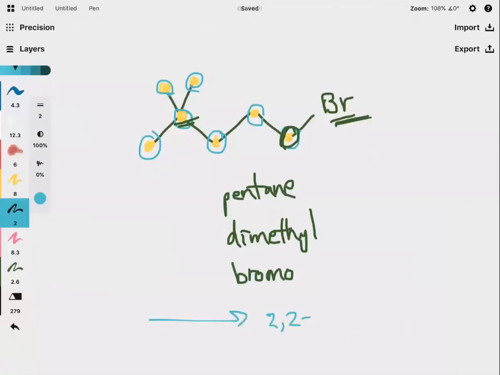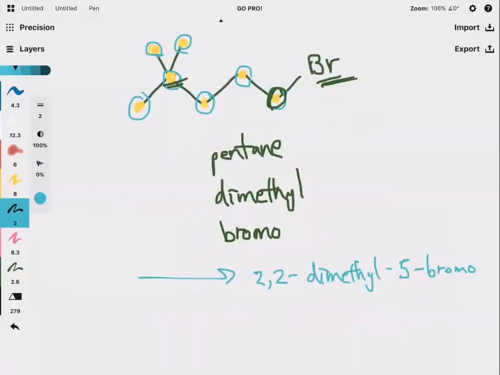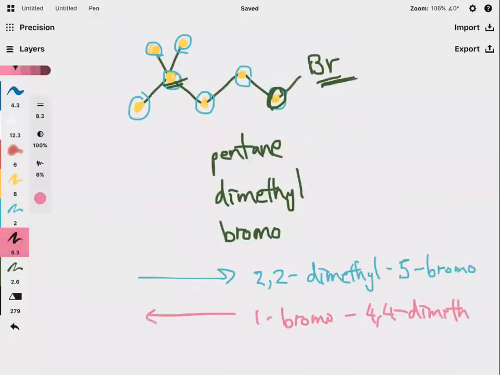So we would have a 2,2-dimethyl and then a 5-bromo. But if we numbered it from right to left, we would have had a 1-bromo, 4,4-dimethyl, as the naming of our substituent groups.